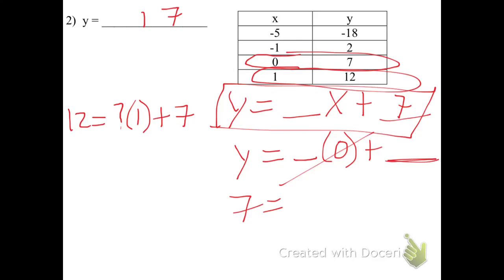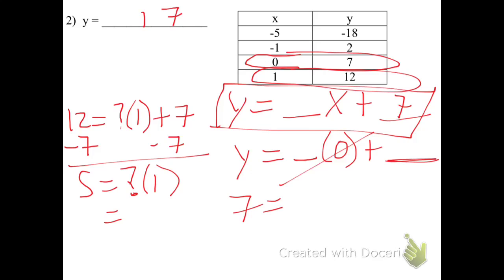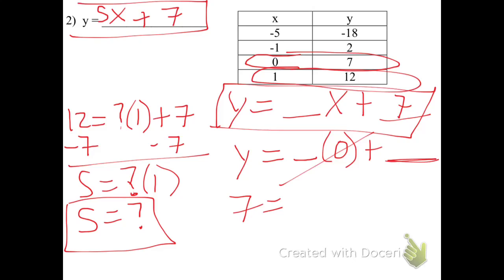Well, to figure out what this question mark is, you got to do a little bit of solving. You got to subtract 7 on both sides. You'll get 5 equals question mark times 1. Well, question mark times 1 is just question mark. So that number in front of x has to be 5. So we're going to put 5x plus 7. And ta-da, we finally have our equation.